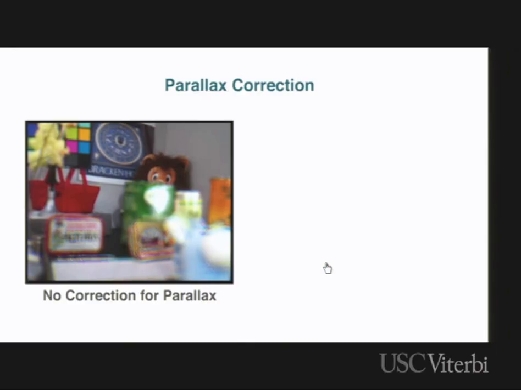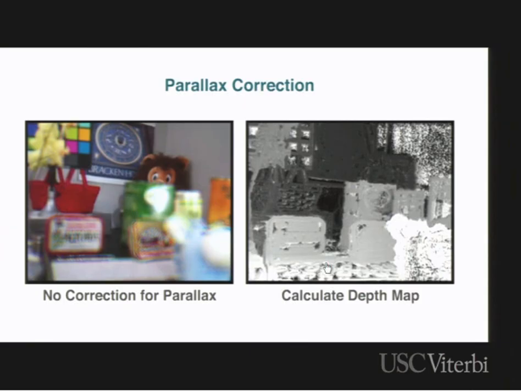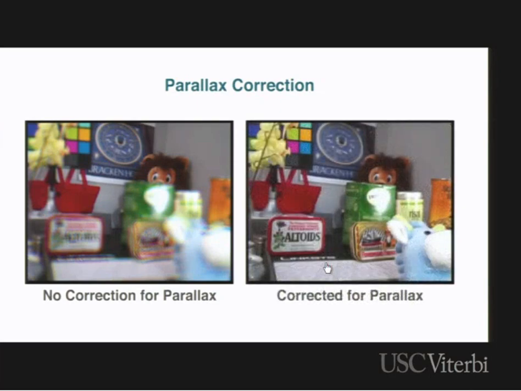On the left, we show the resulting image if parallax is not corrected. The final reconstructed scene will have significant artifacts. Therefore, we must compute a depth map shown on the right to determine the depth of objects in the scene. With this depth map, we can correct for the parallax and generate a consistent reconstructed image. On the right, we now show the results of the restoration after the parallax is corrected.